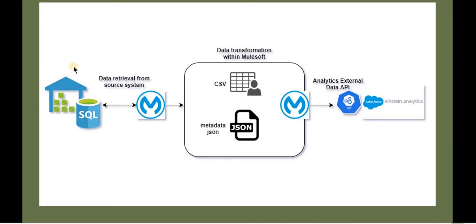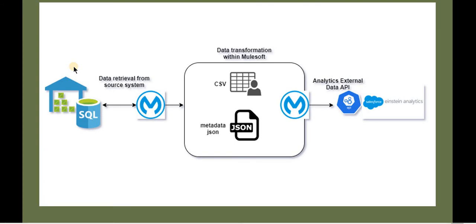Now, this is a recommended step, providing an MD JSON file. It's not a mandatory step because Salesforce automatically generates that. Even if you try to upload a CSV file using the user interface, if you create a dataset in Einstein using a CSV file, Salesforce automatically does that.